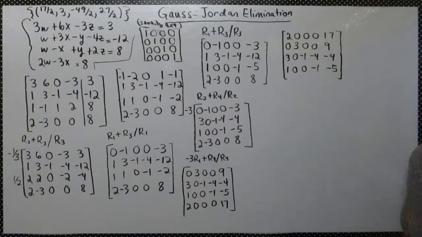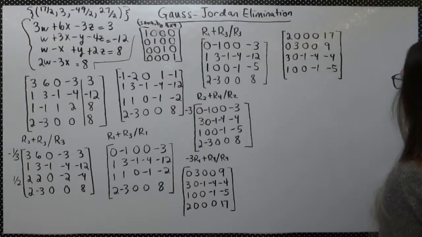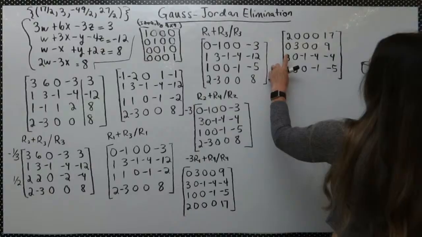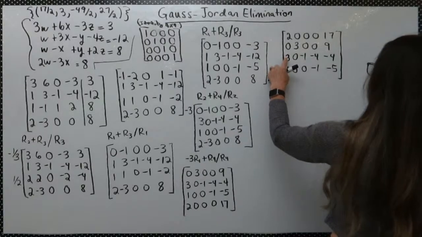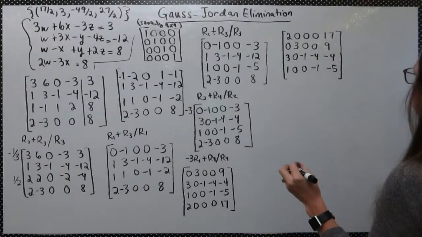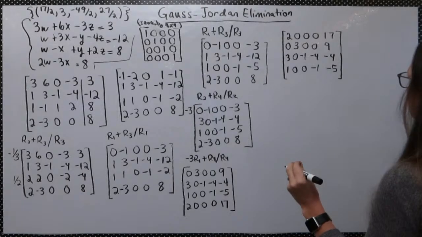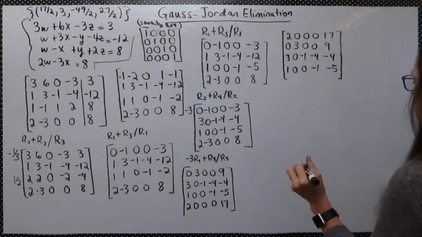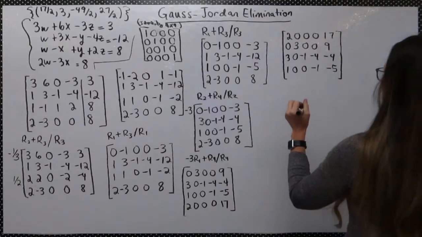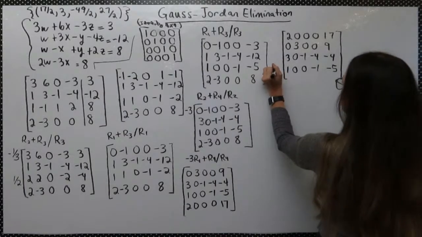Okay, so what I need to do is both of these are going to have to be 0. This one and this one. So I'll start by making this first one 0 by multiplying row 4 by a -3.